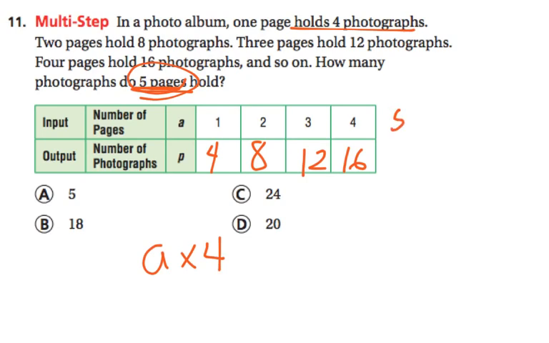So I'm thinking about if there was another column here, I'd have 5 pages, and I would simply take 5 times 4, which equals 20. 20 would go down here, and that's how many photographs that 5 pages would hold.